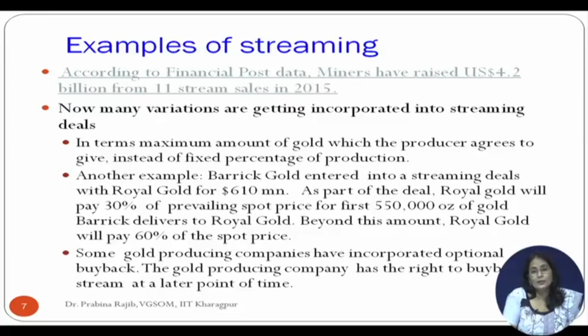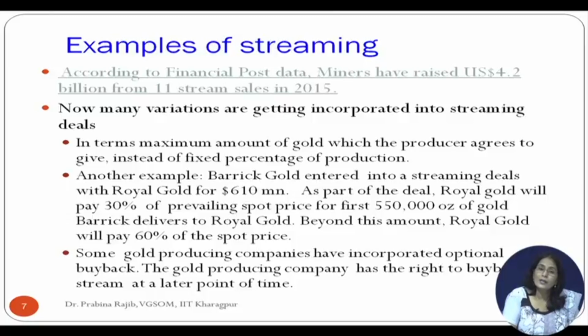Barrick Gold has entered into a streaming deal with the same company, Royal Gold, and Royal Gold is paying a $610 million upfront fee. However, Royal Gold is buying gold from Barrick Gold, but not at a fixed price. For up to 550,000 ounces of gold, which Barrick Gold is going to deliver to Royal Gold, Royal Gold is going to pay 30% of the spot price, not a fixed price.